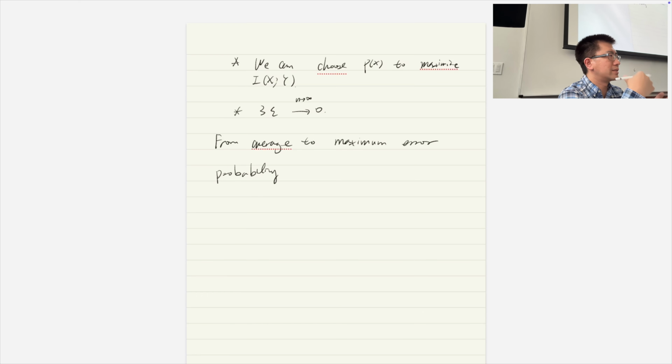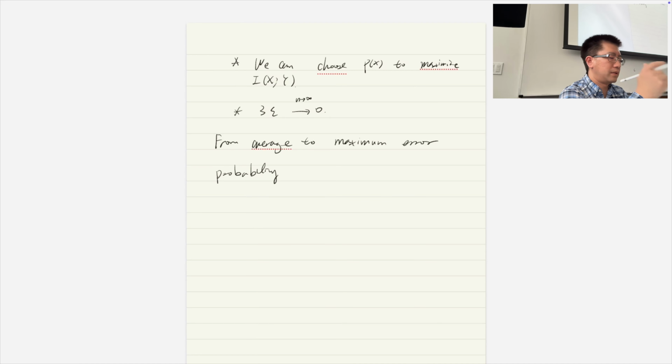Can we manipulate this code to get a new code such that the maximum error will also go to 0? Would that be possible? This is a very typical step. From now on, after seeing this, we do not need to argue this anymore. In all information theoretic papers, the only thing they show is that the average error goes to 0. They don't tell you how to show the maximum error goes to 0 because it's a standard step.